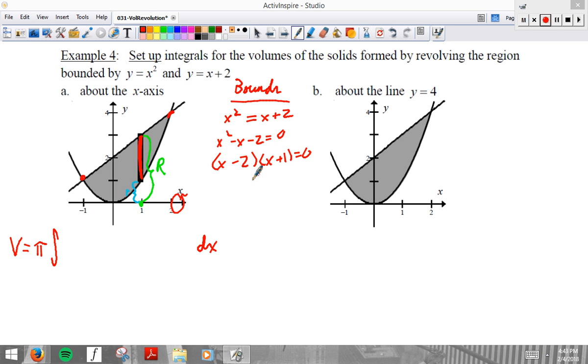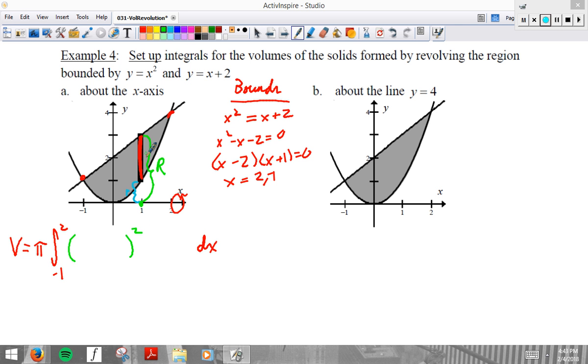I messed up for a second. So starting from -1, stopping at 2. That's how that slice would have to travel to get all that gray area. It would have to travel from here all the way up to there. Left to right. Now my big radius squared.